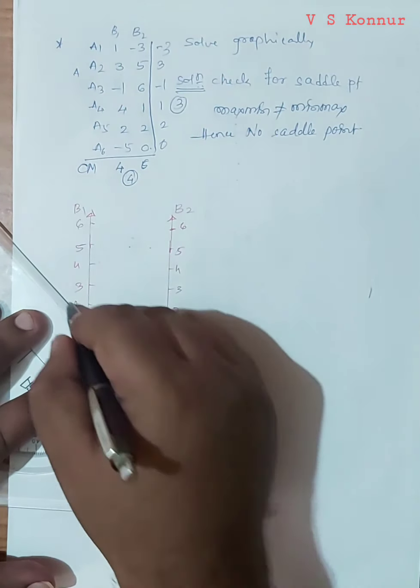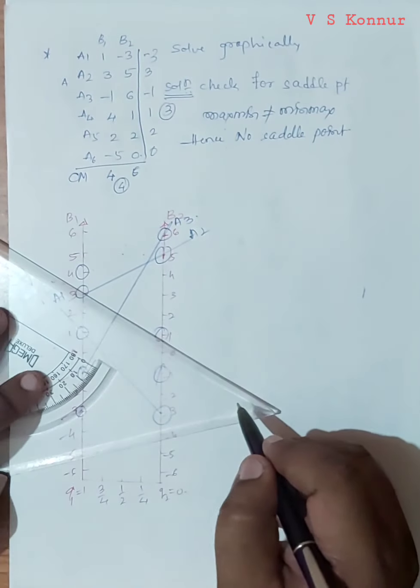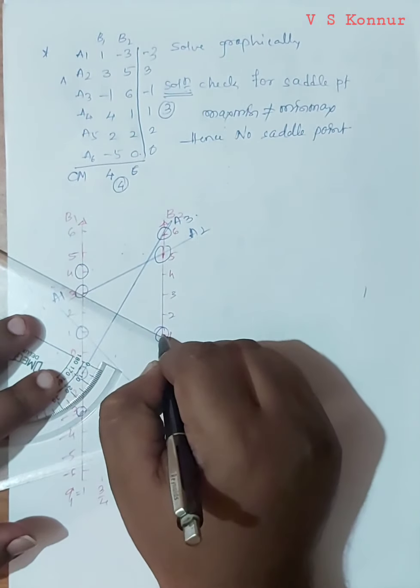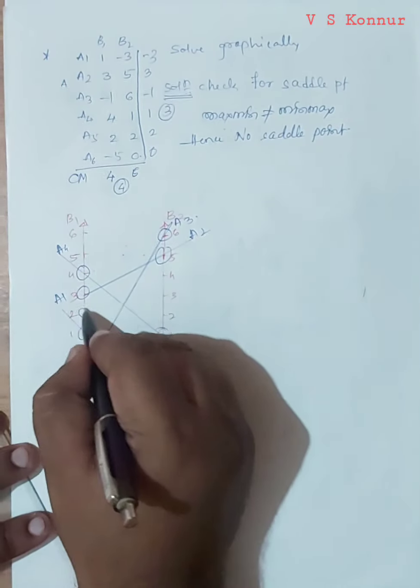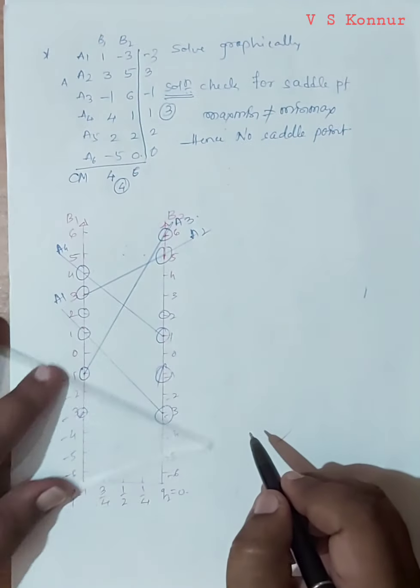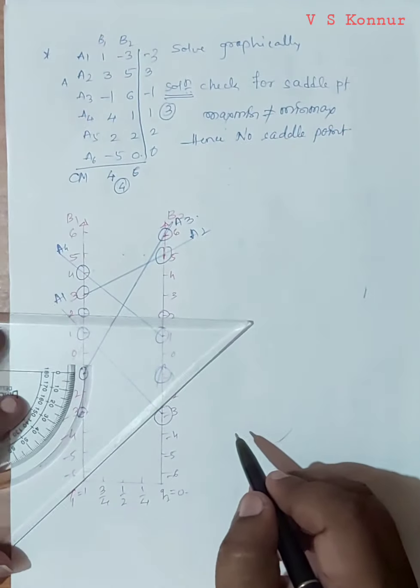Next, A4, 4, 1. Call it as A4. Next, A5, 2, 2. Both are here. Call it as A5.